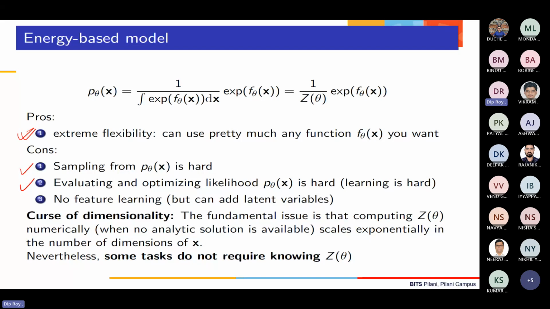In a complex structure like a neural network, you don't have a closed form, and obviously you have many, many dimensions. This is essentially the problem.